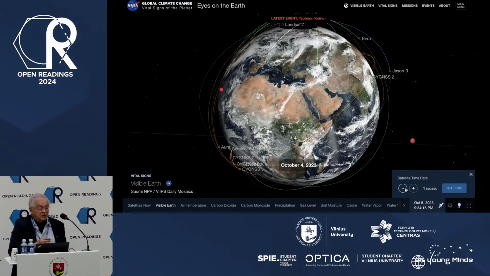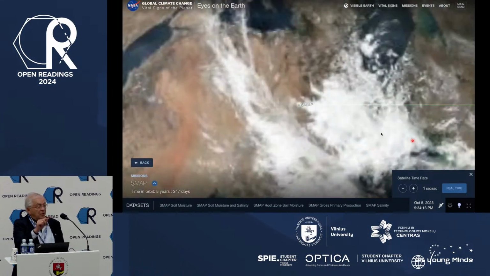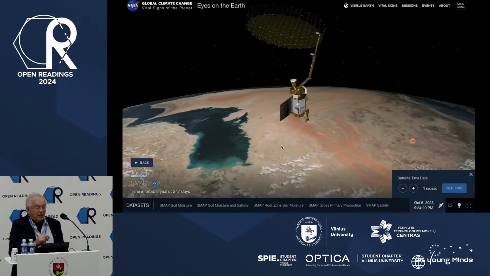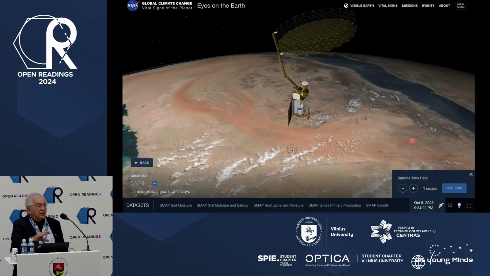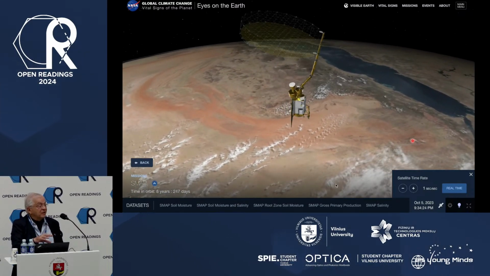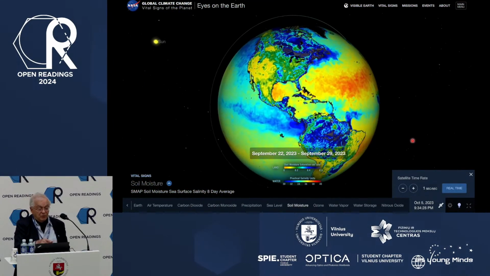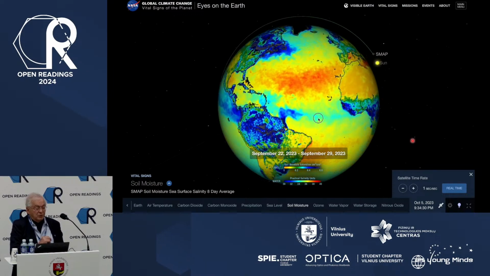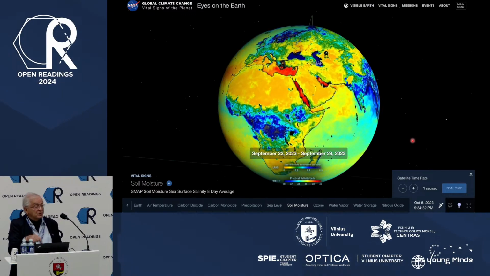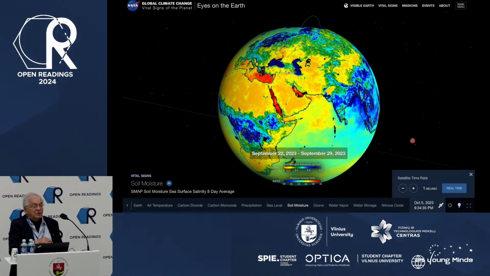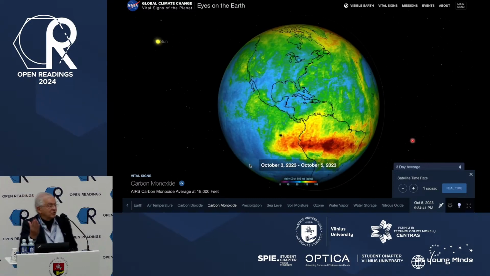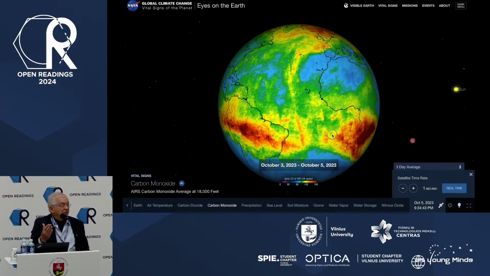Again, if you are interested, go and Google Eyes on Earth, JPL, and it will show you every satellite we have in Earth's orbit, where it is. You can track it. You can get the data coming from it, like you are seeing here, data about soil moisture, taken a few hours ago. So in the future, you are going to have a series of these networks that tell you in real time on your iPhone what's happening in our environment worldwide.